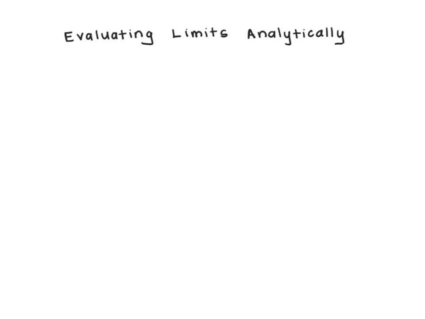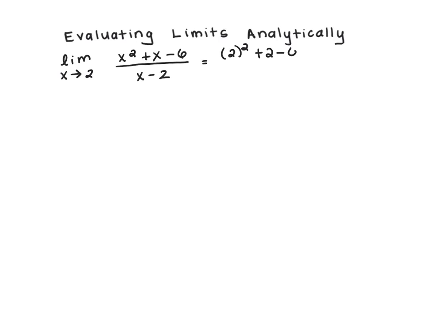Our first example is the limit as x approaches 2 of x squared plus x minus 6 divided by x minus 2. So first thing we always do is we plug in that x value of 2 for x, and we will have 2 squared plus 2 minus 6 divided by 2 minus 2.